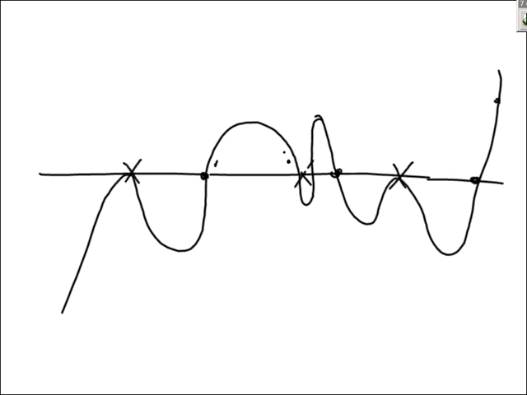Okay, so let's actually do a real one. I'll give you a function. If the power is even, you don't cross, you just touch it at 0. If the power is odd, you do cross. If there is no power, then the power is understood to be 1 and you cross.